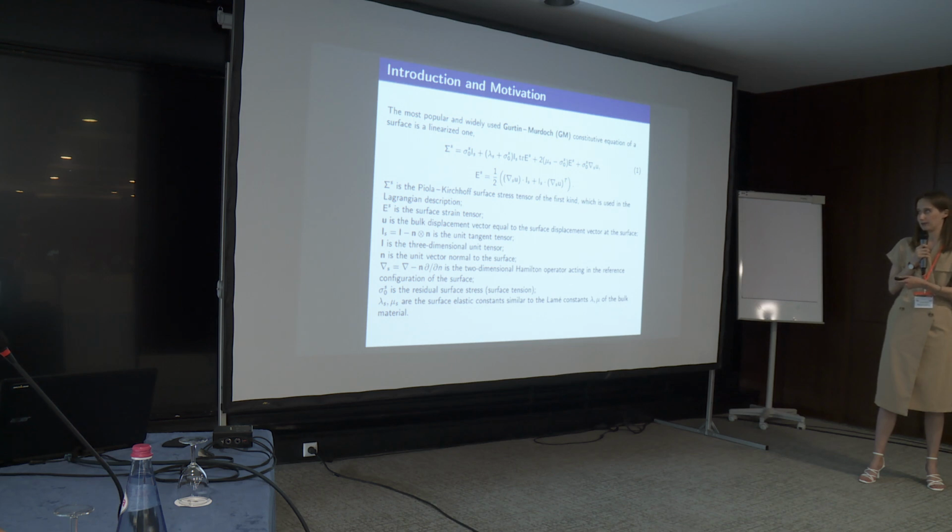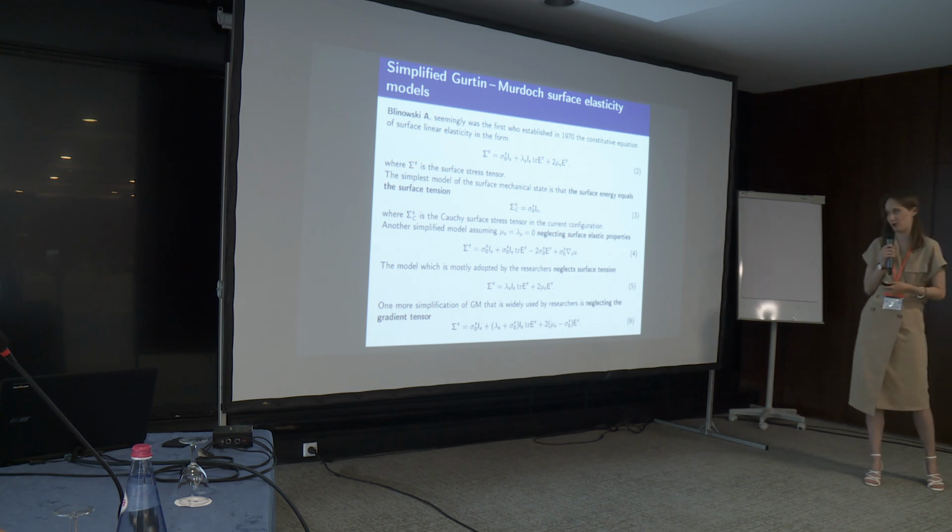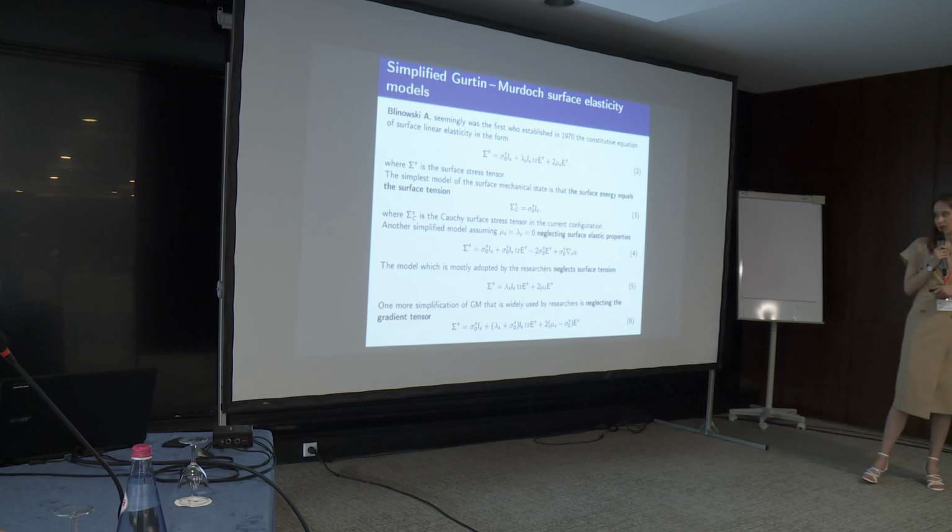The third one is when we neglect the surface elasticity properties. So we take into account that the parameters mu s and lambda s are equal to 0. The next one is the most useful model. Here we neglect the surface tension.